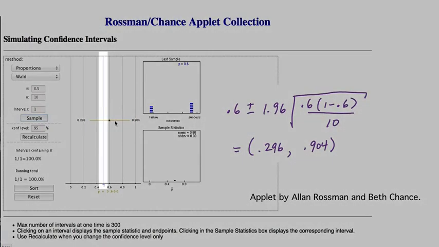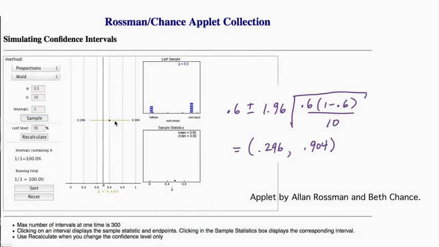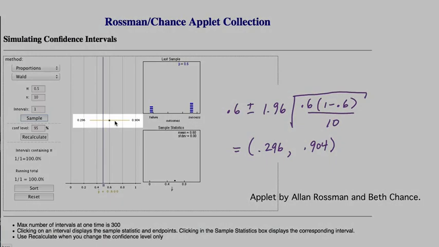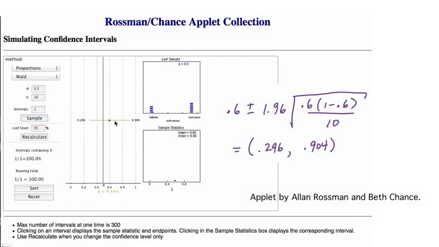The vertical bar is our theoretical parameter. The applet draws a confidence interval from its lower to its upper limit, and if it crosses the vertical bar, then the confidence interval includes p. And we can see that this confidence interval from 0.296 to 0.904 includes 0.5, and the confidence interval crosses the theoretical bar. So this confidence interval captured the theoretical value that we're trying to capture.